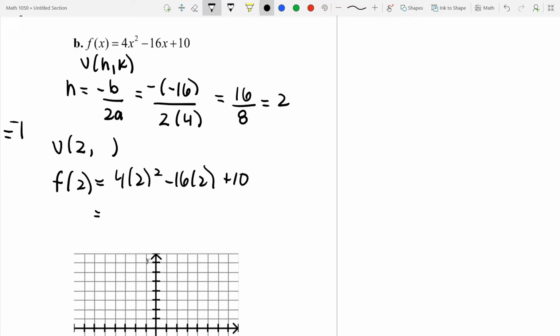You can literally just stick that in your calculator. Everybody go 4 parentheses, 2, close it, hit your x squared button, minus 16 parentheses, 2, close it, plus 10 equals, and you get -6.